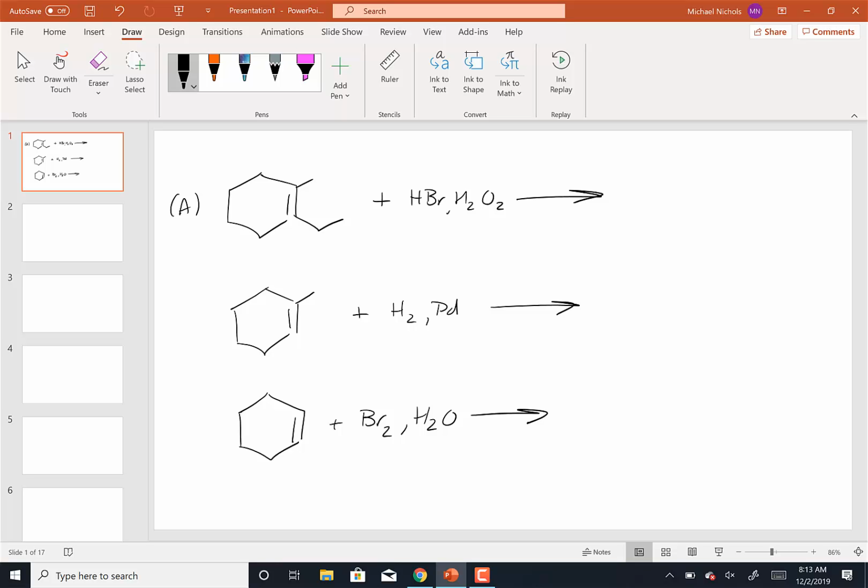So you need to tell me, is it regio, stereo, or both? Those are your choices. I'm going to take a look at regioselective. I want to see if there's another product. And do I see peroxide in the product? It's not stereo.